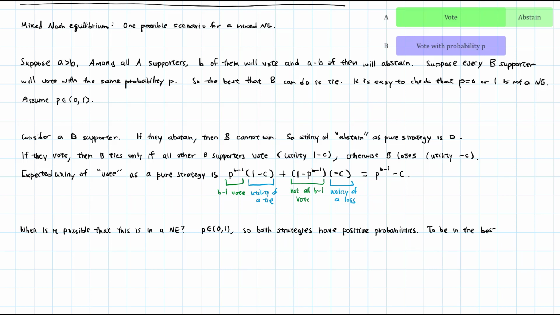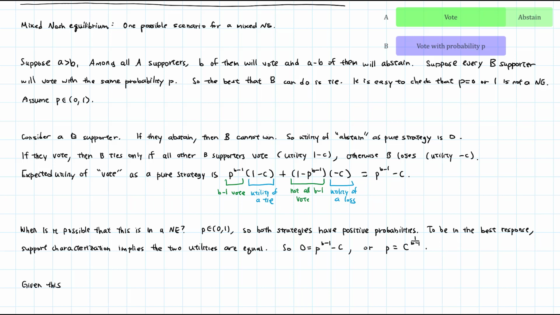To be in the best response, support characterization implies that the two utilities are equal. So we have 0 is equal to P to the B minus 1 minus C, or P is equal to C to the 1 over B minus 1. So this probability gives us the best response from the B supporters to the actions of the A supporters.